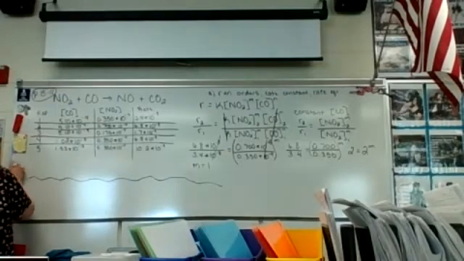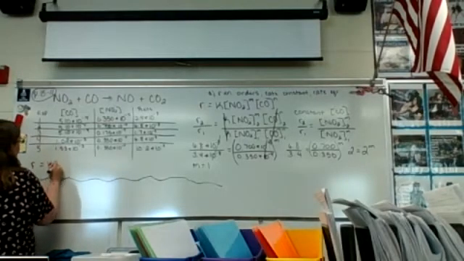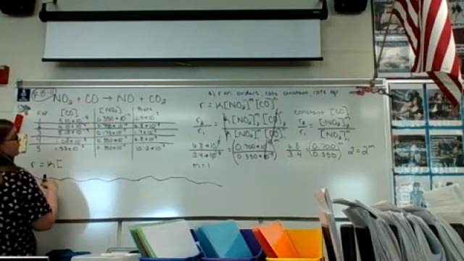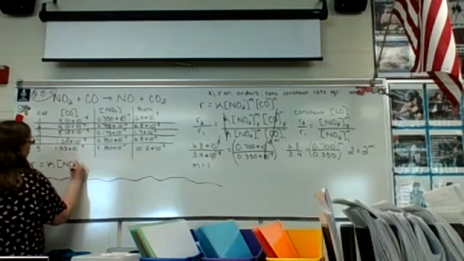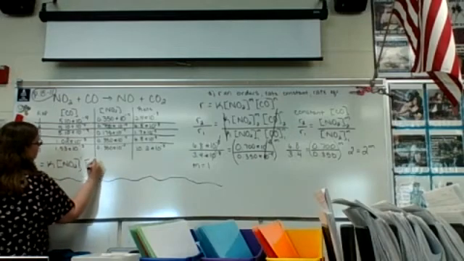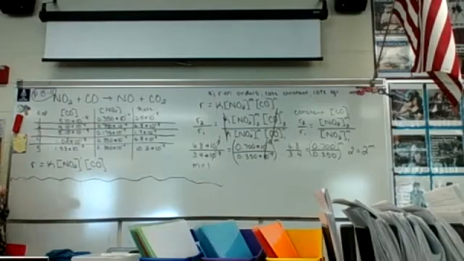So we know that the rate is going to equal the rate constant times the concentration of NO2 raised to the first power times the concentration of CO raised to a certain power.